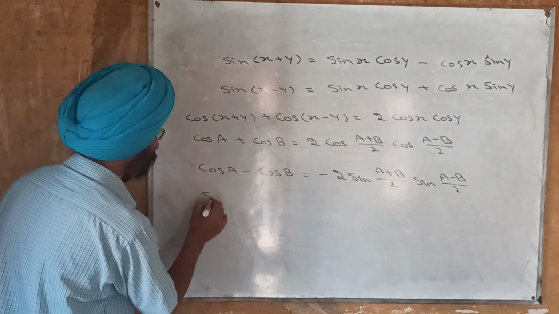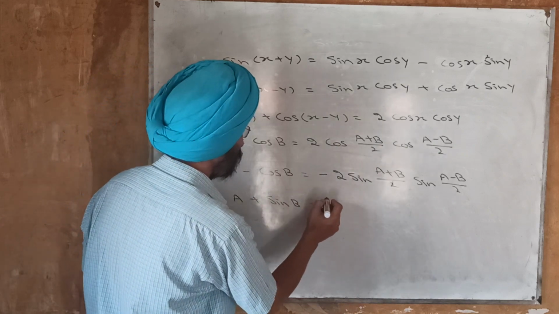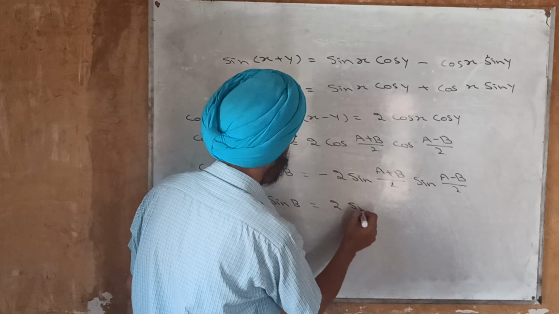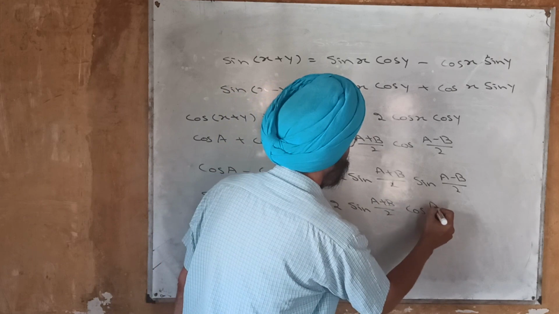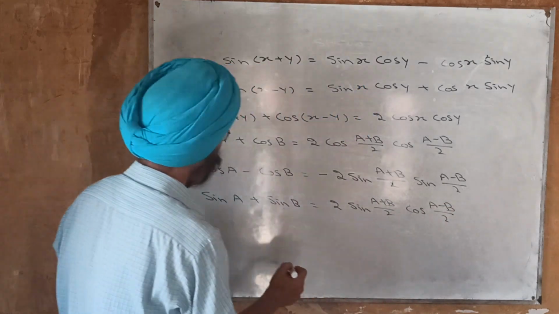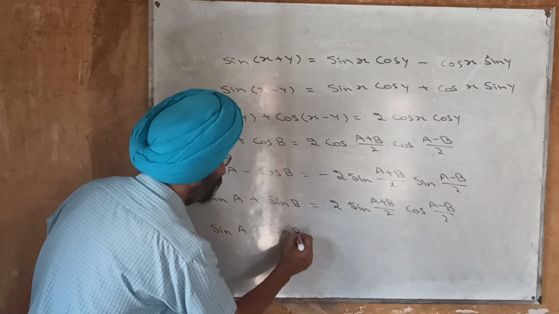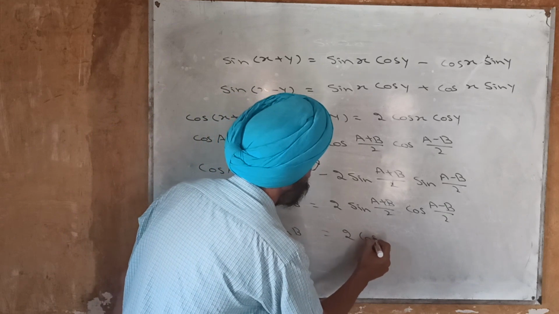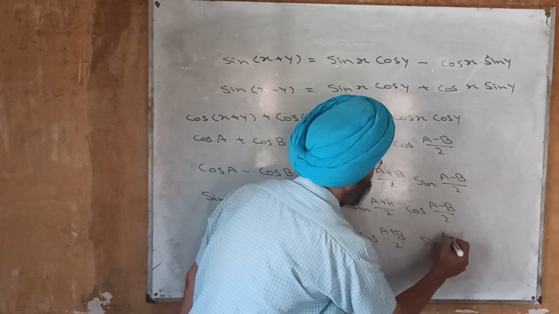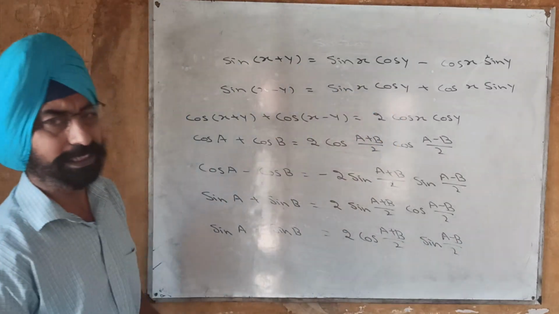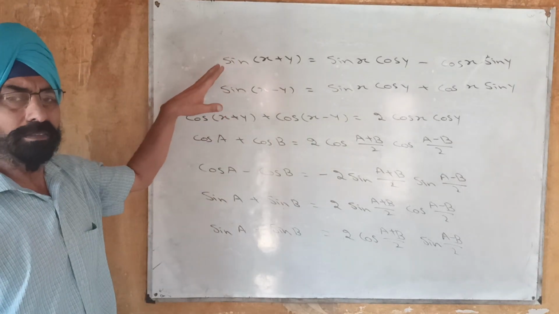These two results will be sin a plus sin b is equal to 2 sin (a plus b) by 2 cos (a minus b) by 2, and one more result you will get: sin a minus sin b is equal to 2 cos (a plus b) by 2 sin (a minus b) by 2. These results you will have by adding these two and then by subtracting the second from the first.